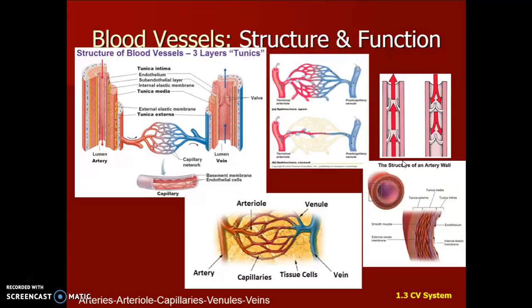This wall is formed by 3 different layers: the intima, the inner layer lined by smooth tissue; the media, which is the layer that allows the arteries to handle the high pressure; and the externa, which is a tissue that anchors the arteries to the nearby tissues.